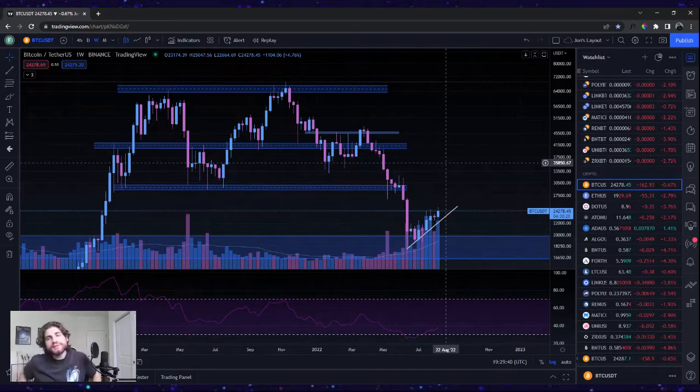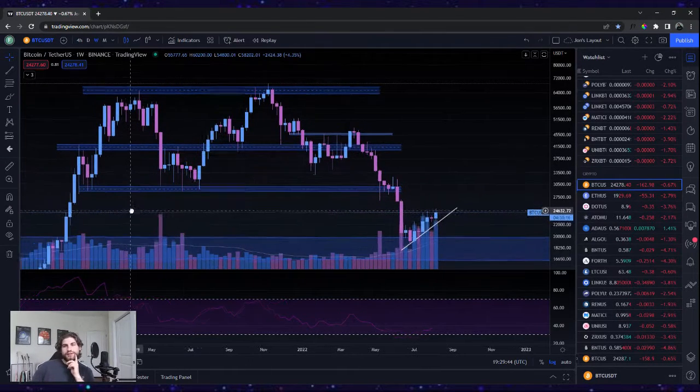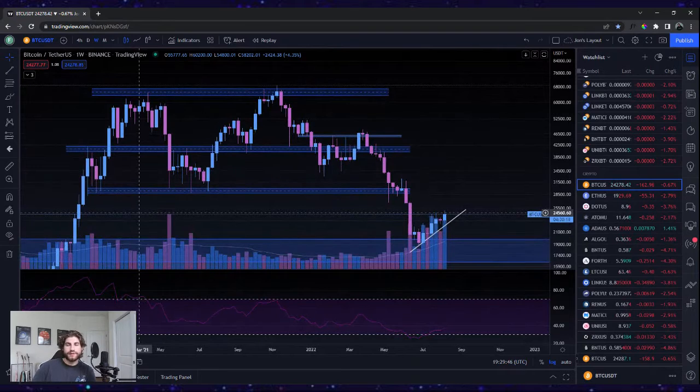This is where the candlestick data becomes helpful. Looking at this weekly chart, for example, I can see in this range this candlestick wicked down to this 28 to $31,000 range once, twice, 3 times, 4 times, 5 times, 6 times between late December of 2020 to about July of 2021.